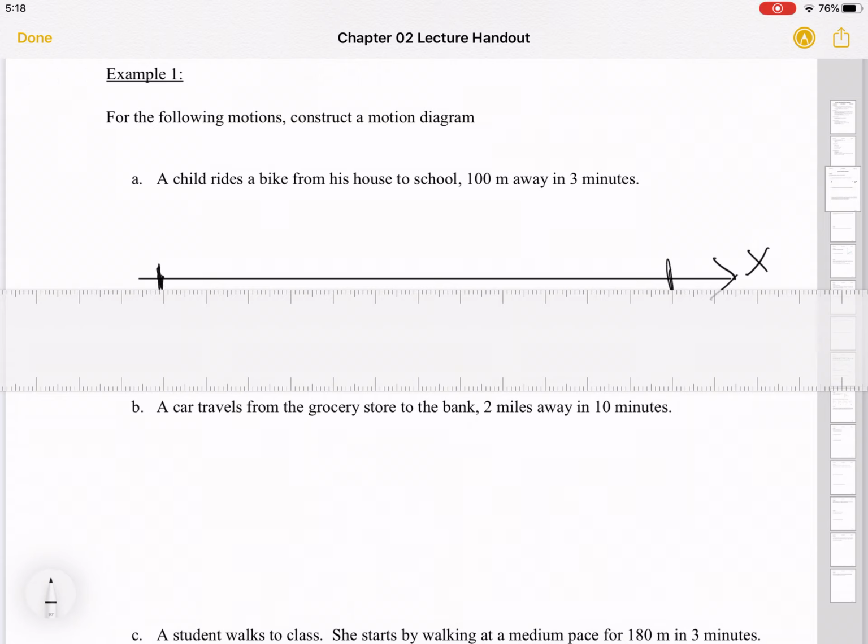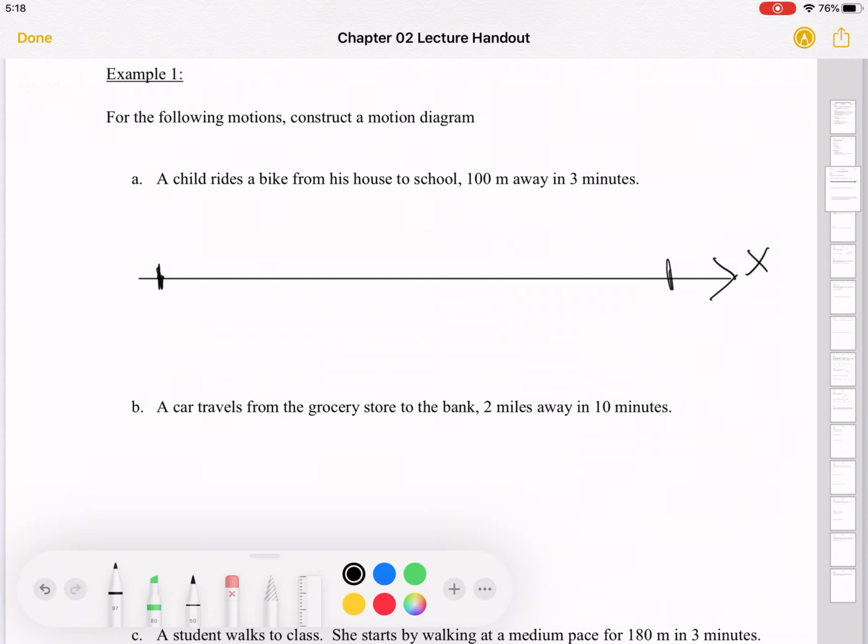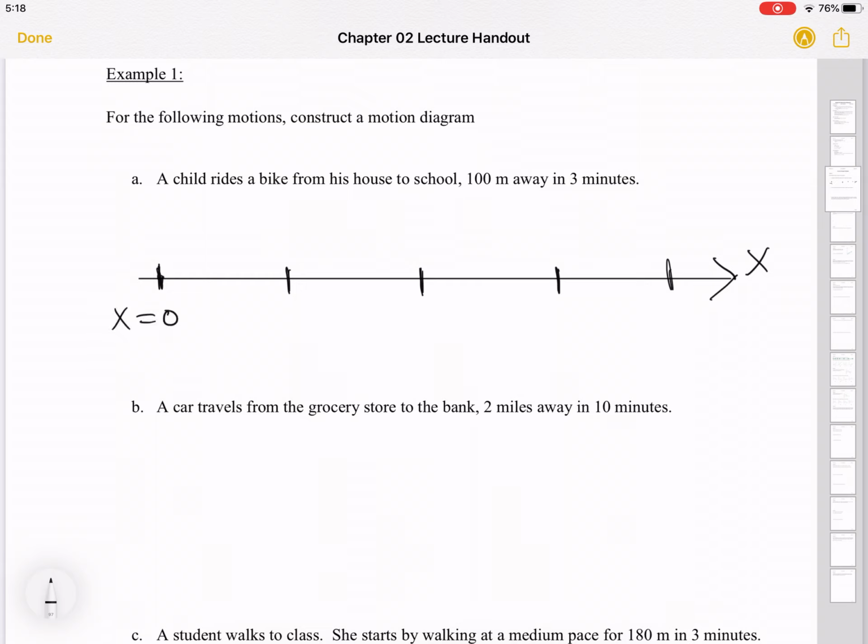I'm just going to eyeball it. I need somewhere in the middle, and then in the middle of those. So here's x equals 0. There's 100. Let's give it units. These are meters. Here's 50 meters. Here's 25 meters. And here's 75 meters. Okay, so this is just to label the situation.